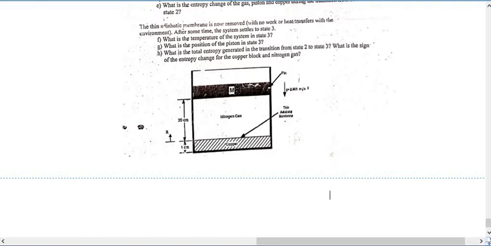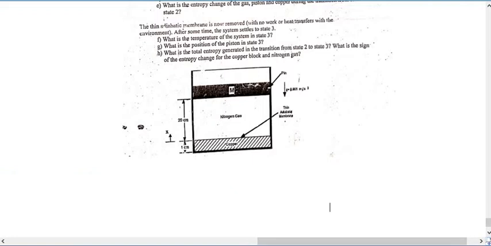So this piston is the one responsible for blocking nitrogen from going off. So the copper is behind an adiabatic membrane. That is a representative diagram of the question.